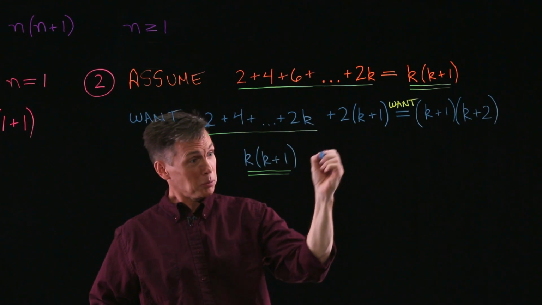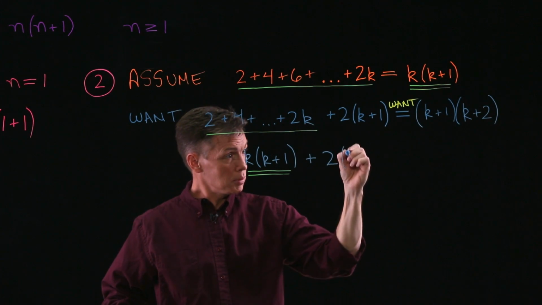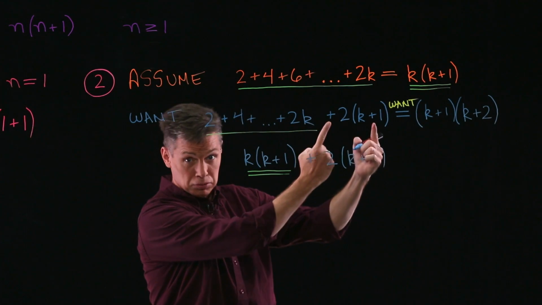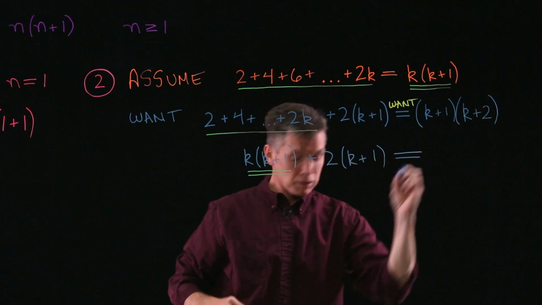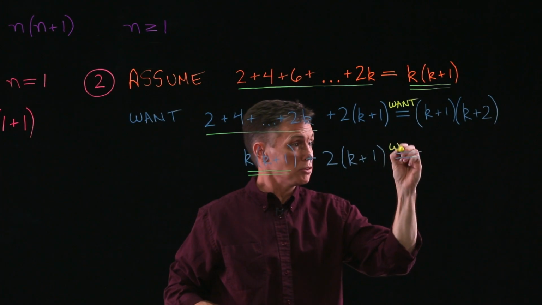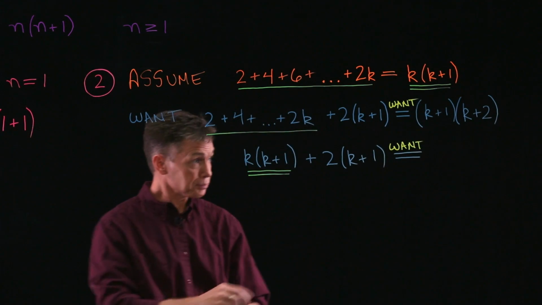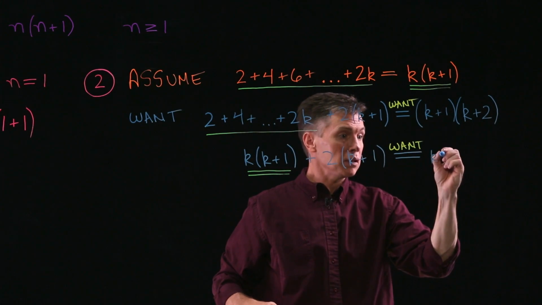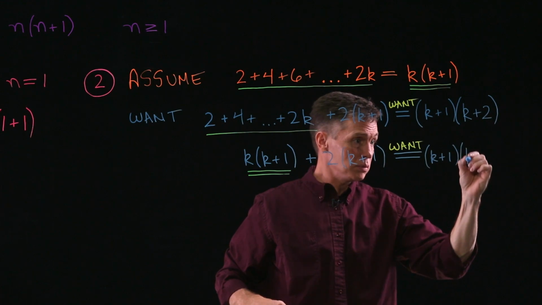Let me pick back up with the work here, plus the 2, k plus 1, which is from right above in my work, right? And I still want that. I haven't shown it's true yet, but I really want it to equal, I'm going to leave the right-hand side alone, k plus 1 times k plus 2.